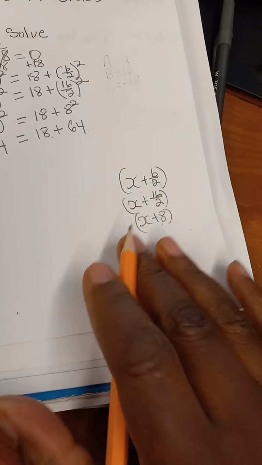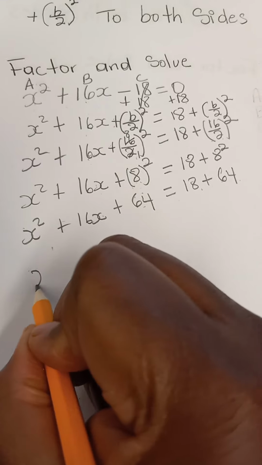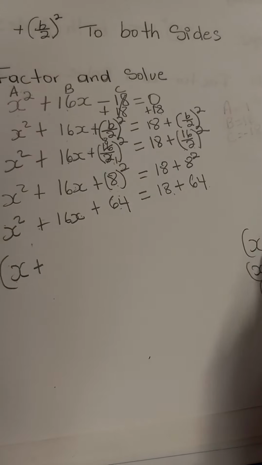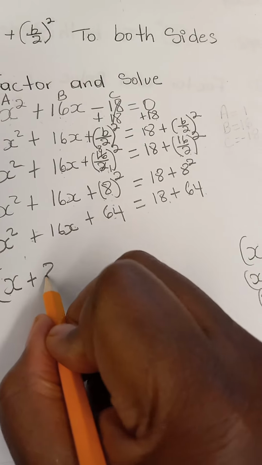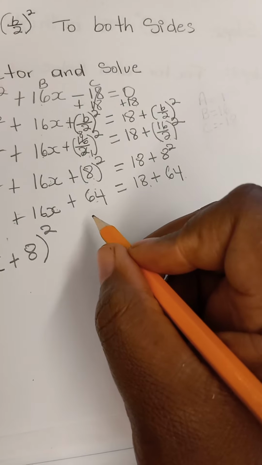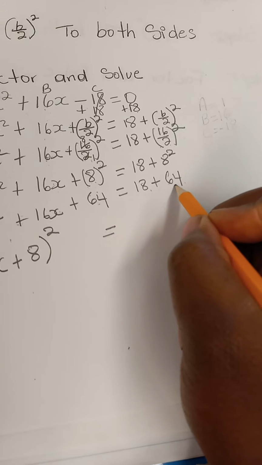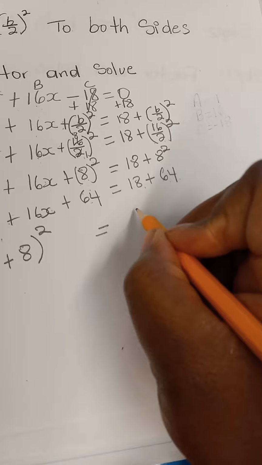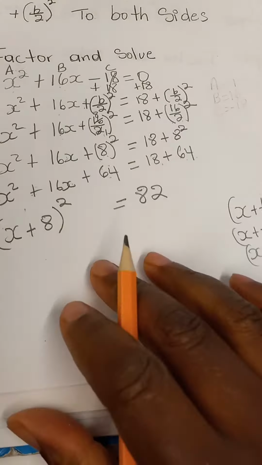So now our factor is going to be x, your sign is plus, and when we half b, it's 8. Don't forget your square, and that's going to be equal to 18 plus 64, which is 82.